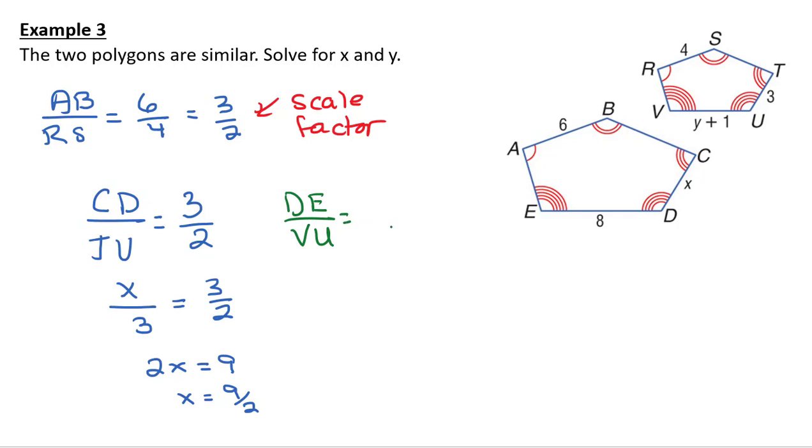So their proportion, or their scale factor, is 3/2. DE is 8, VU is y plus 1, equal to 3/2. I cross multiply.